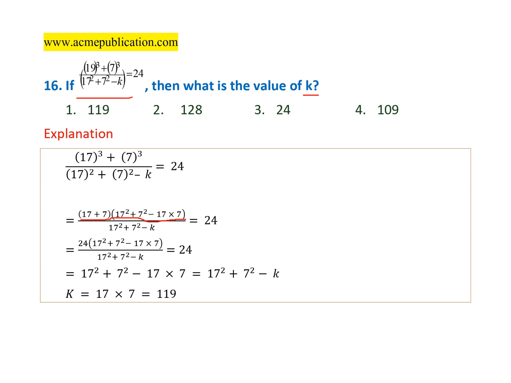Doing so, we get the equation that k is equal to 17 into 7, which is 119, and that is the answer.